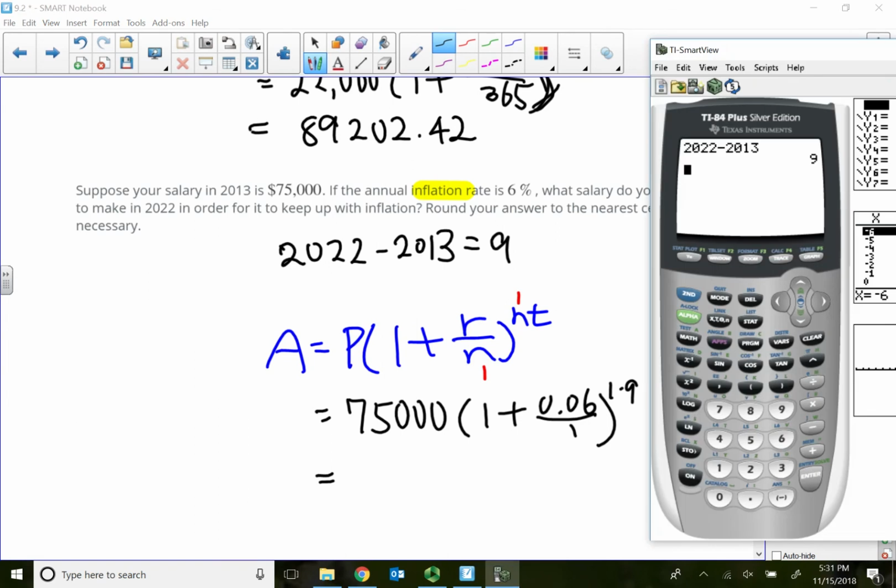So in the future, 75,000 times parenthesis 1. Hang on a second. 0.06 divided by 1 is still 0.06, and 0.06 plus 1 is 1.06, right? Close parenthesis, whole thing raised to the power of 1 times 9, which is 9. So in the future, if we keep up with the inflation of 6% per year, I will need to be making $126,710.